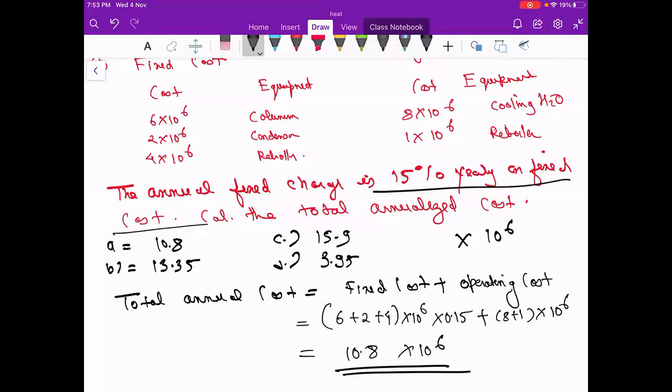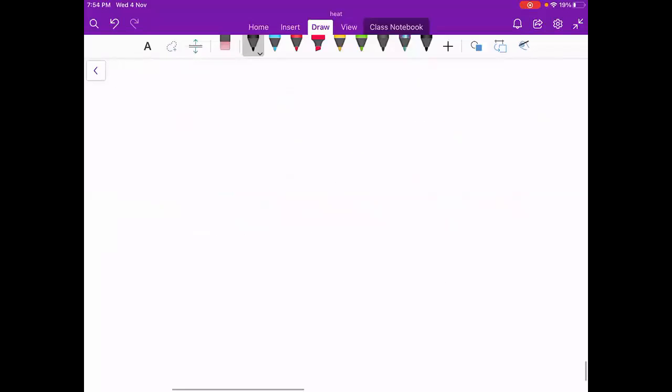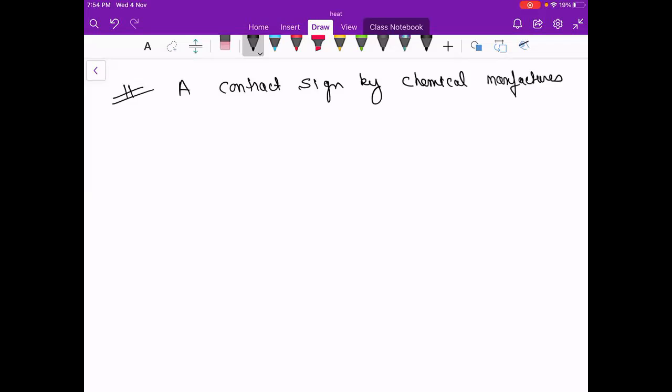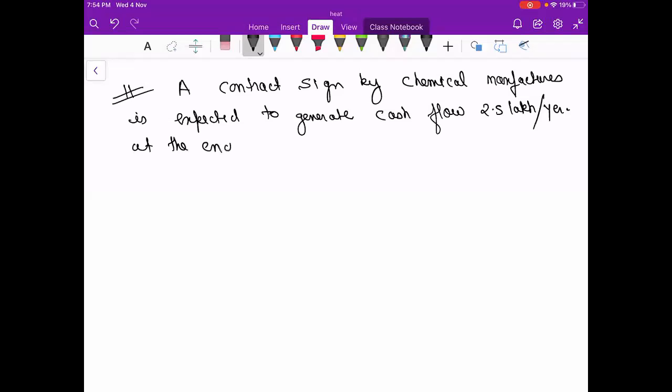Okay, let's solve one more question also. A contract signed by a chemical manufacturer is expected to generate cash flow of 2.5 lakh per year at the end of each year for a period of 3 years.